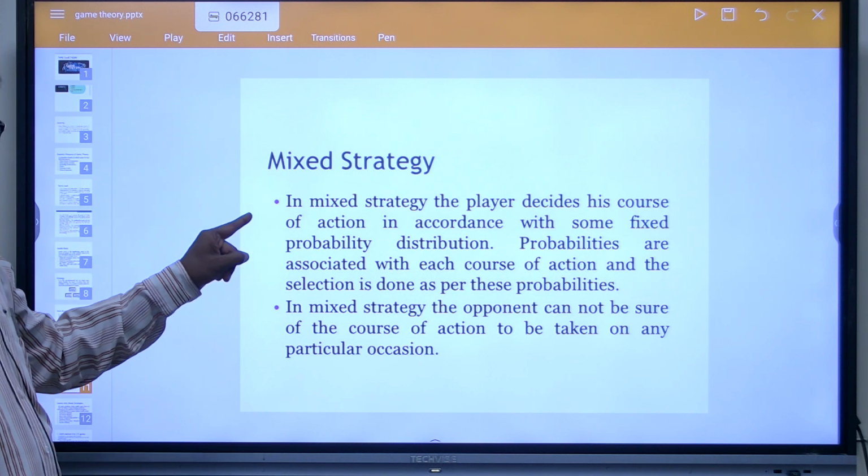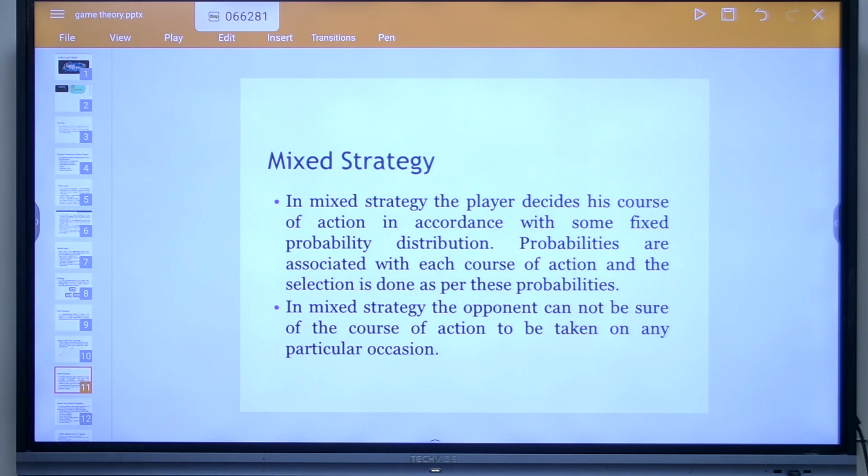In mixed strategy, the player decides his course of action in accordance with some fixed probability distribution. Probabilities are associated with each course of action, and the selection is done as per these probabilities.